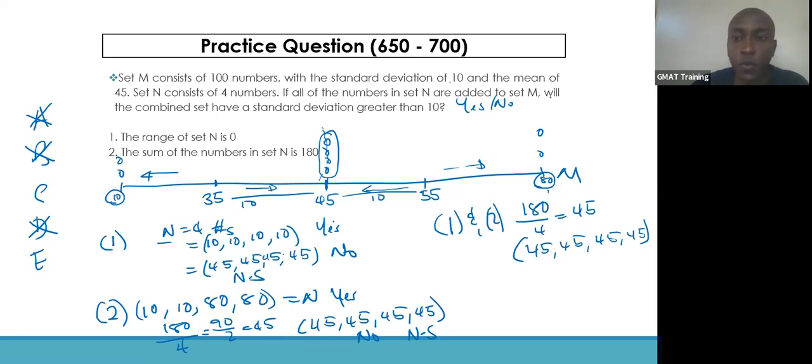Will the combined set have a standard deviation greater than 10? Always no, since it will be minimized greatly. Always no, this is sufficient. There's no chance that the standard deviation will be greater than 10. It will decrease from 10 to a smaller value, and therefore E is out, and C should be the answer for this question. I hope you got that question right.